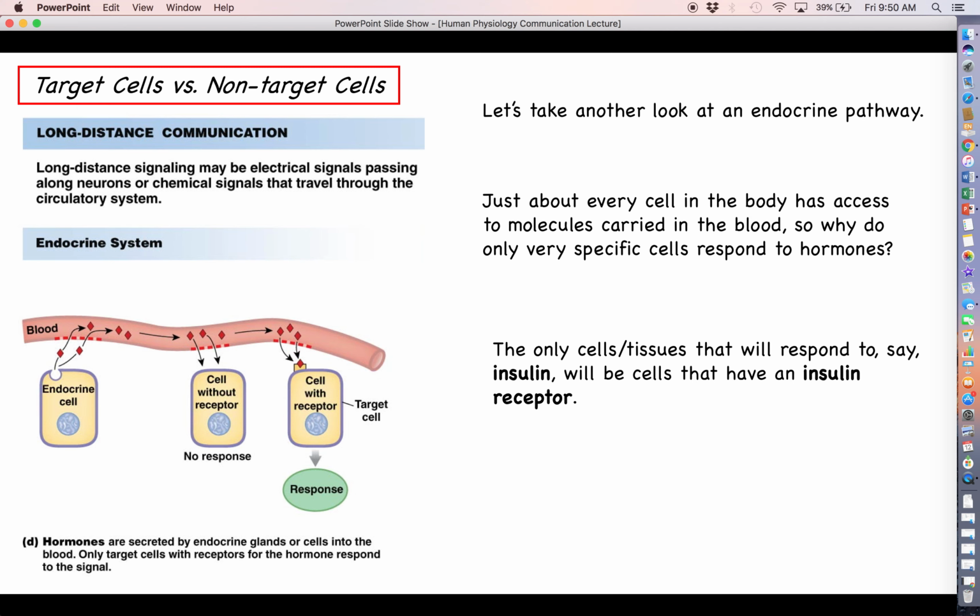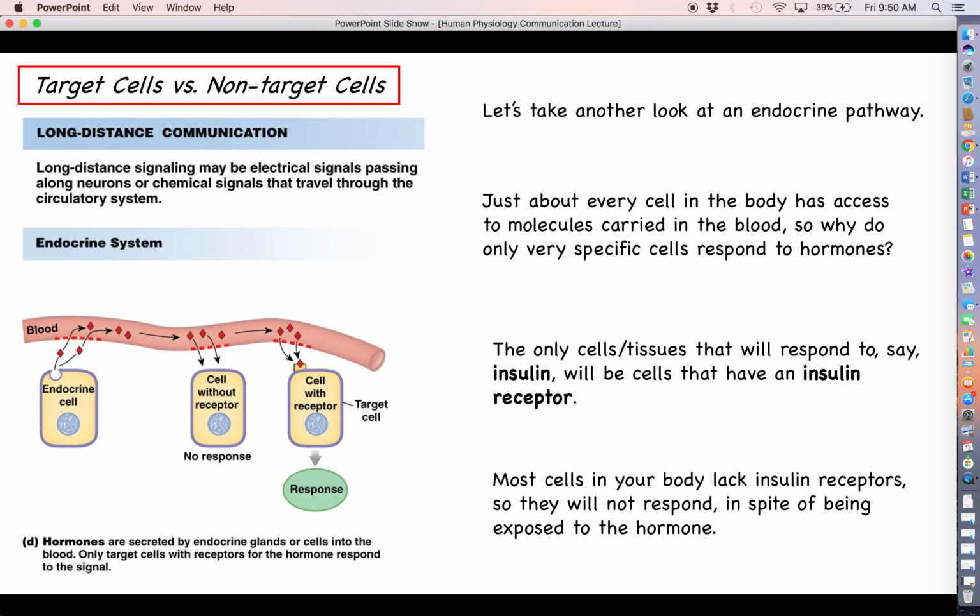For a hormone like insulin, only the cells of the liver and the fat and the skeletal muscle have insulin receptors. So because what produces your desired response is the insulin binding to the insulin receptor, cells that don't have that receptor cannot respond. It is so very important that we make sure and understand this.